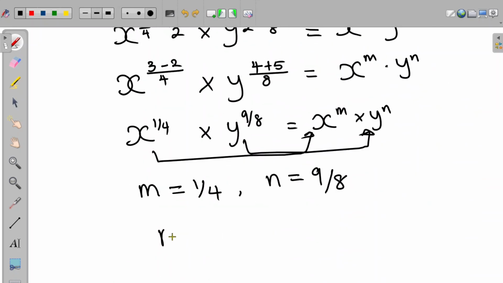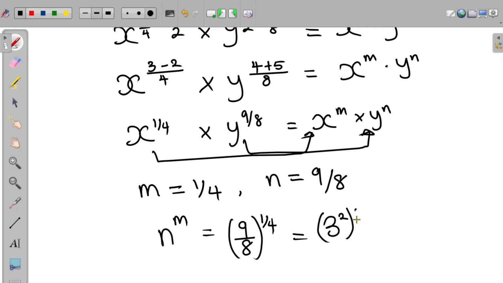Therefore, n to the power of m is equal to 9/8 to the power of 1/4. This can become 3 squared, all raised to the power of 1/4, divided by 2 cubed, all raised to the power of 1/4.